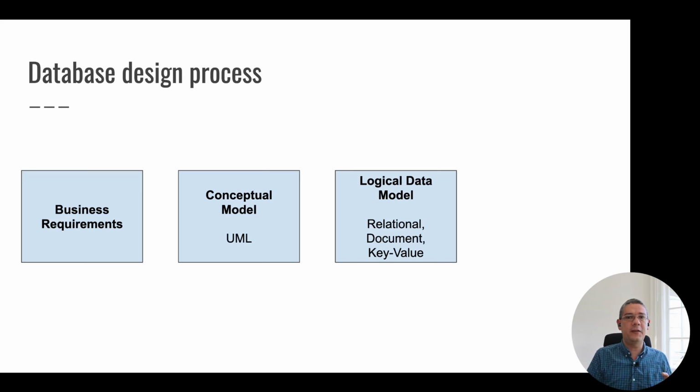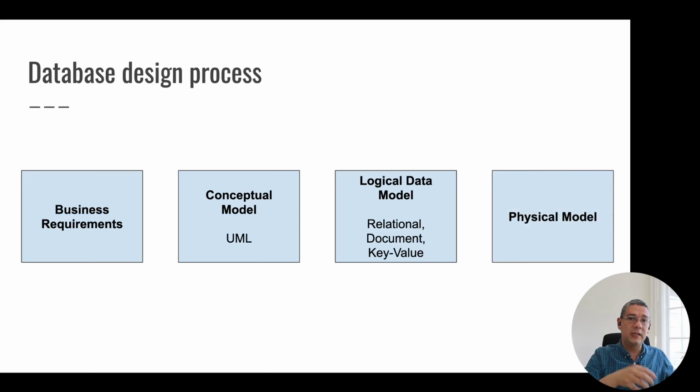So it can either be relational or document-based or in-memory for the ones that we're going to be using in class, and many more depending on different solutions that exist nowadays. And then using those, you go to a physical one that is the one that you actually implement.